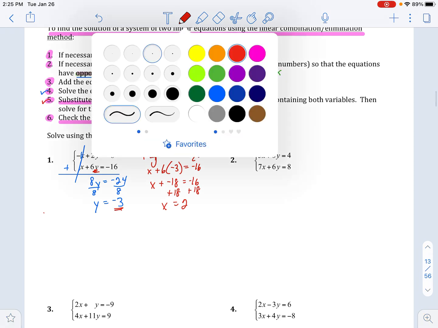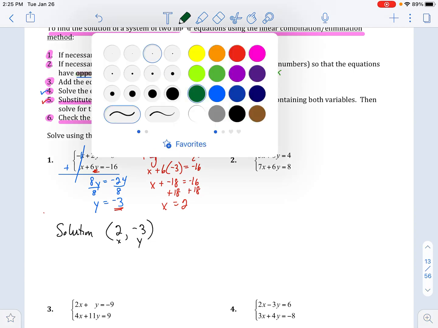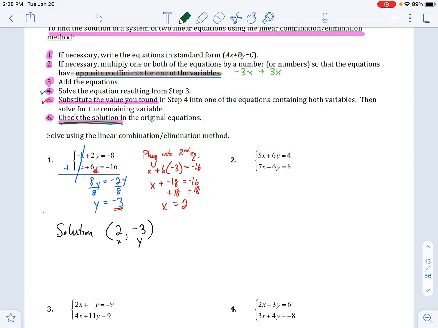What this allows me to do is to then write my solution as 2 comma negative 3. That's x comma y. How do I know if I've done this problem correctly? We are going to check the solutions. I'm going to check by plugging into both the top equation and the bottom equation.